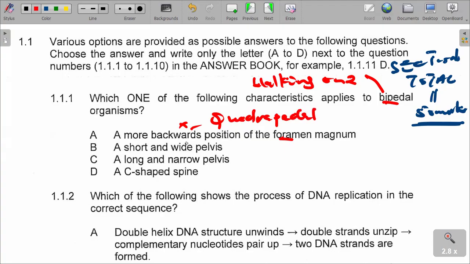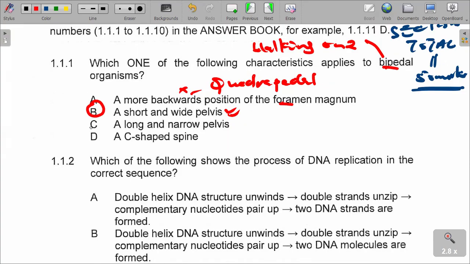And then a short and wider pelvis, which is what we actually talked about, that the bipedal has a short and wide pelvis. I am sure you should also go and check the comparative analysis of a modern human being, the bipedal organisms, against the other African apes. I have a very good video that is explaining all this. Please go and check on that.